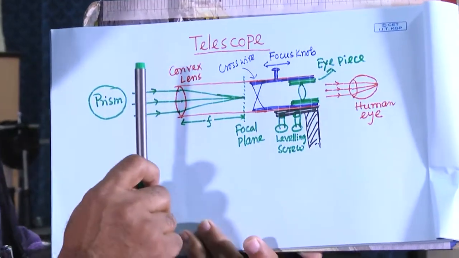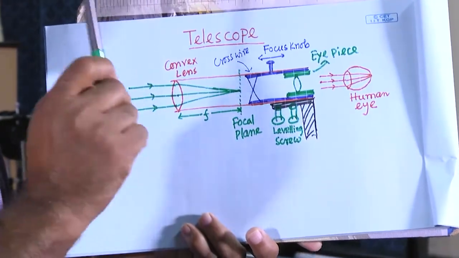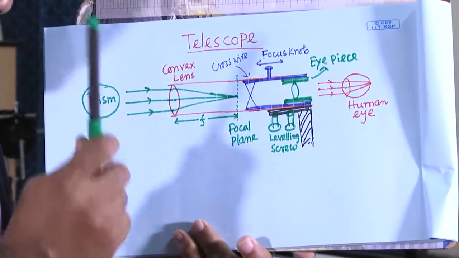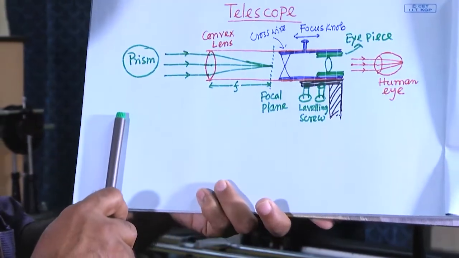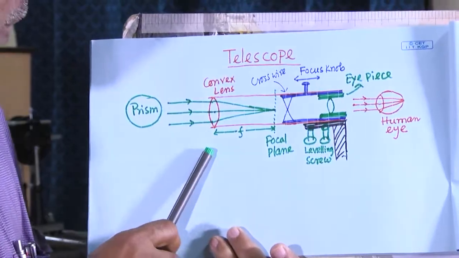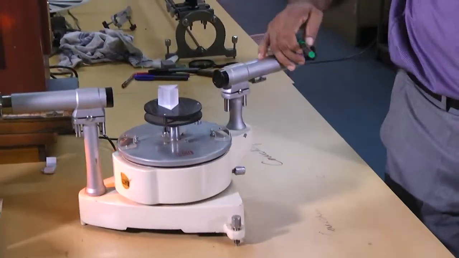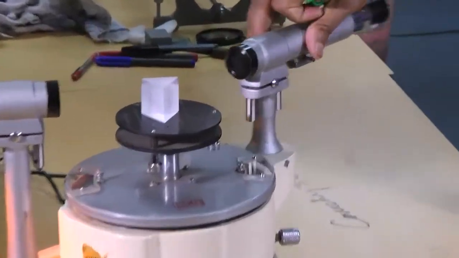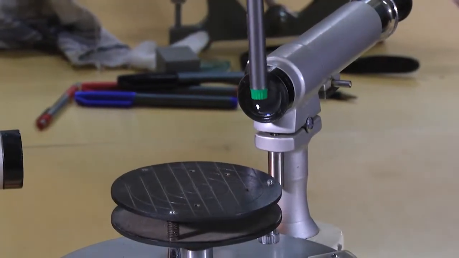Now if I want to see the image, either we can see it at infinity or here we will use the telescope. In the telescope there is a convex lens. This is the convex lens here in the telescope. So let me take out this one. So this is the convex lens.